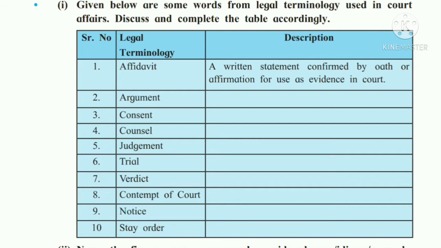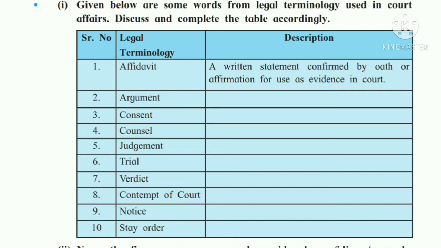You have heard about affidavit. Whenever we want to apply for a caste certificate, marriage certificate, or any legal document, we have to submit an affidavit. That is a written statement confirmed by oath or affirmation for use as evidence in court. Second is argument. Now, students, what does argument mean?